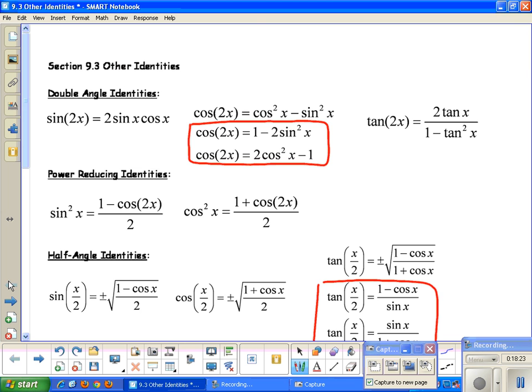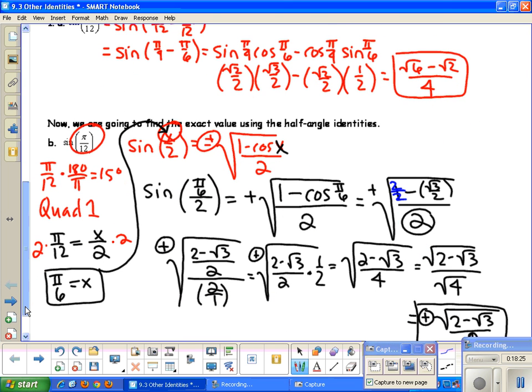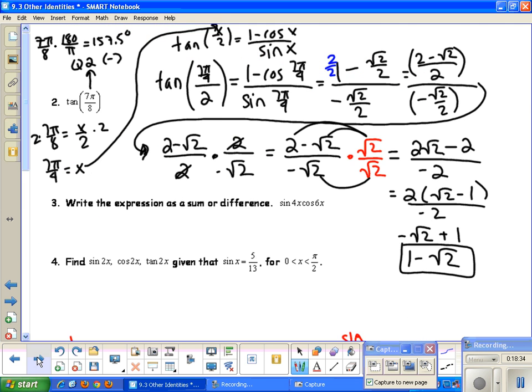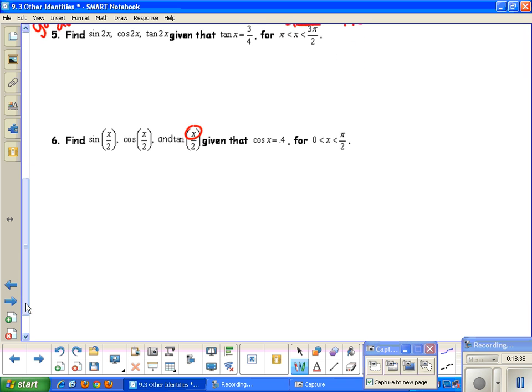And if you just go back to the first problem that we did, you can see that this wasn't the quadrant that I needed to figure out for my sines. I had to figure out what pi over 12 is. So in order to do this next problem, since they only gave me the values for x, what I could do is change this and divide everything by 2 to figure out what quadrant x over 2 lies in, because that's what you need to figure out.